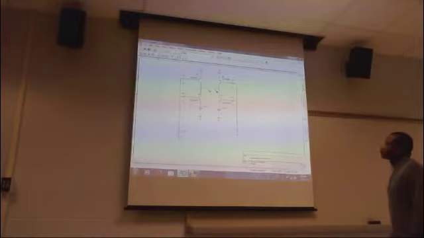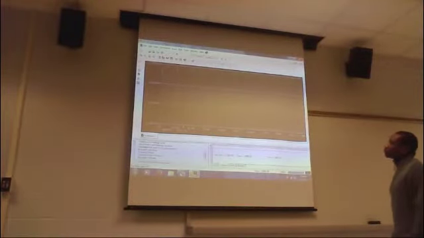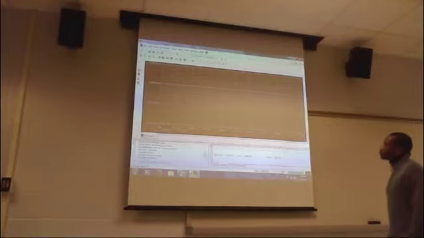So right here, what's being shown is that they're both at 5 volts, the front wheel is at 5 volts and the back wheel is at 5 volts also, since it's moving forward and turning right.